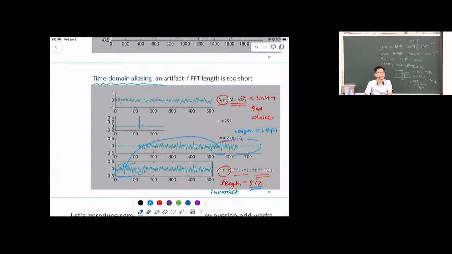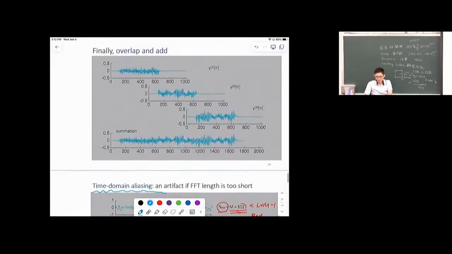Otherwise, we will create one block of output after another, first block, second block, third block. Then your final job is to superpose them.